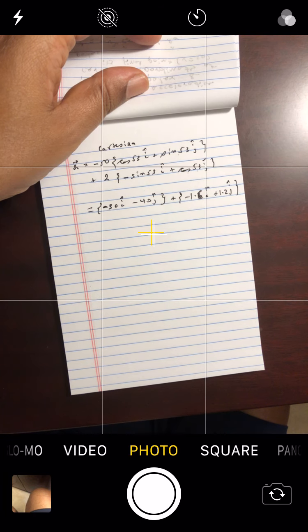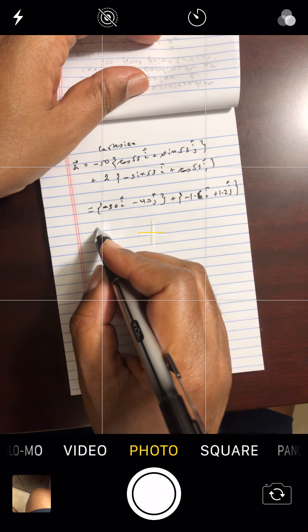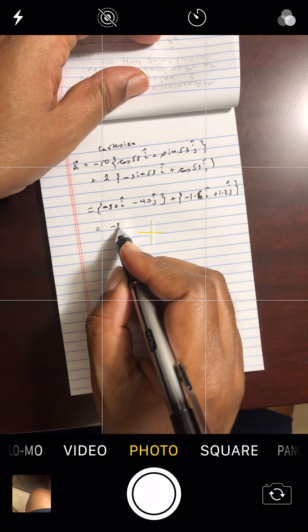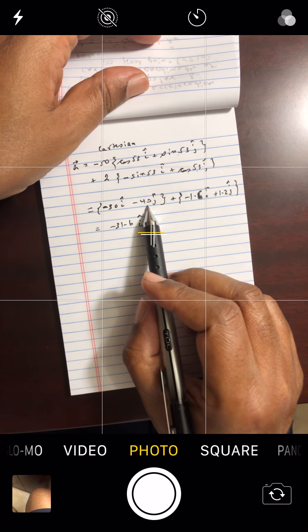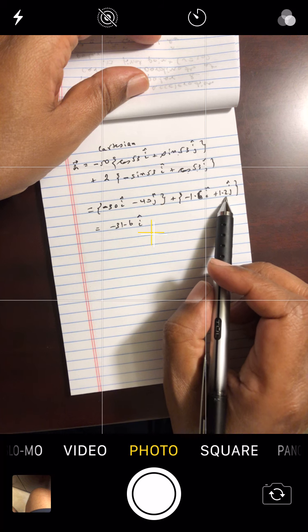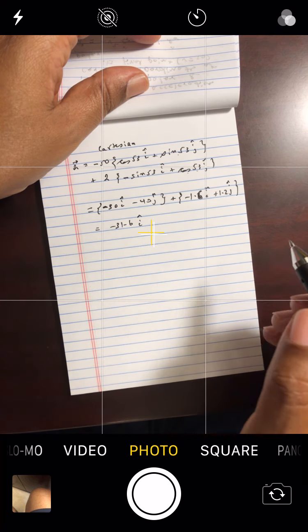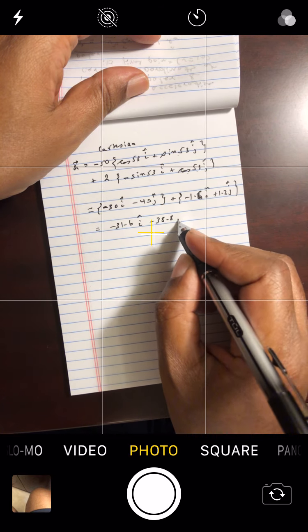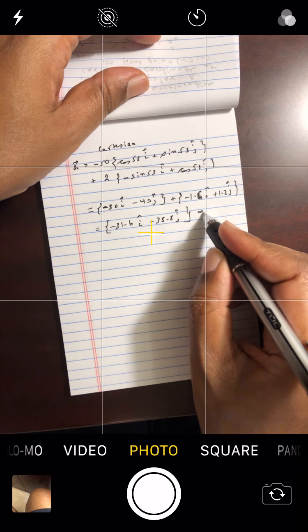Okay, so after that, we just add i's with i's, j's with j's, so you get negative 30, negative 1.6, that's negative 31.6 in the i direction, and negative 40 plus 1.2, that is negative 38.8 in the j direction. So that will be in Cartesian coordinates.